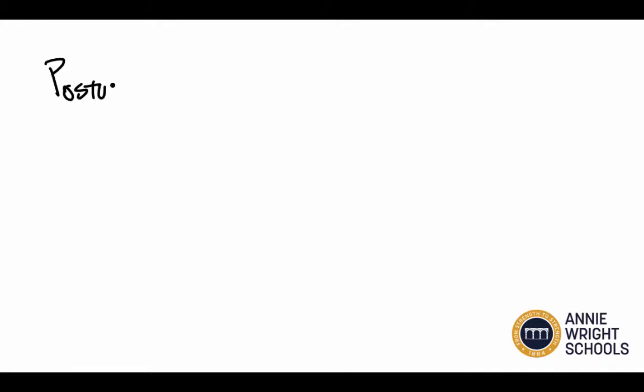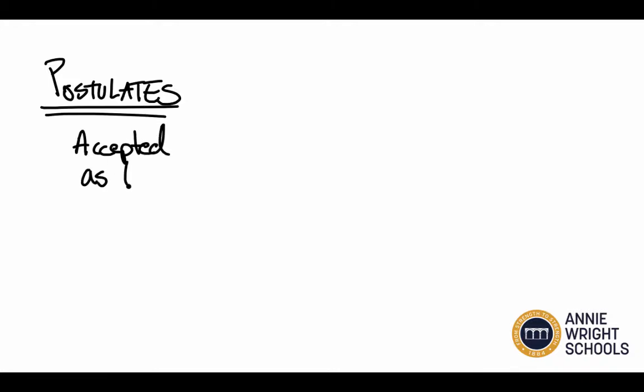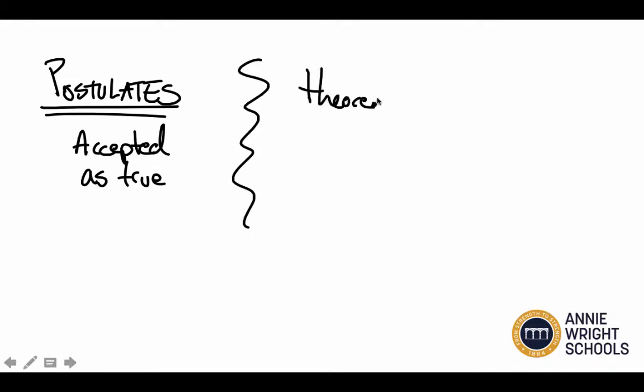Postulates and theorems. What's important to remember is that postulates are not proven, they are accepted to be true. Theorems are proven. Then we have definitions. Definitions do not seek to explain, they just define things.